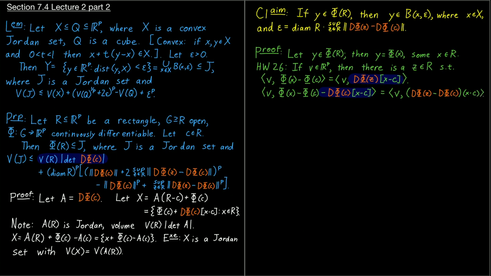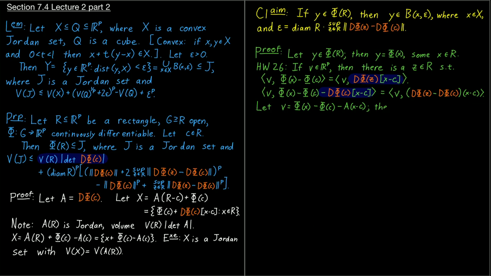And then we'll let v be this whole mess up here: phi of x minus phi of c minus d phi of c, that's A of x minus c.